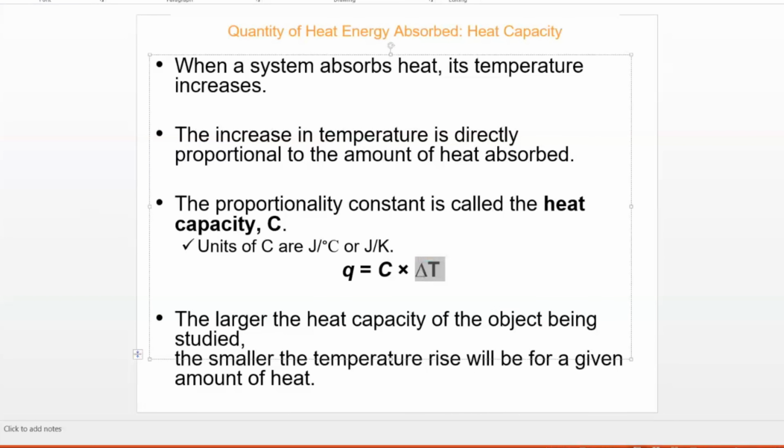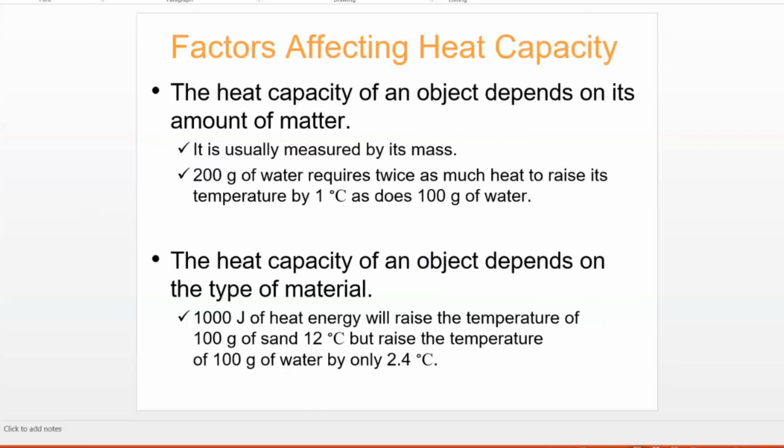This is called heat capacity. Water has a high heat capacity, meaning it will take a lot of energy to change the temperature of water. But that same amount of energy on a rock or on sand will change the sand by a larger degree of temperature because it has a lower heat capacity.